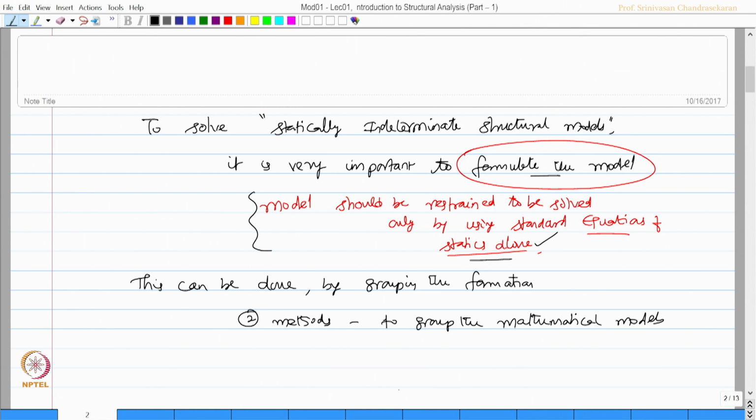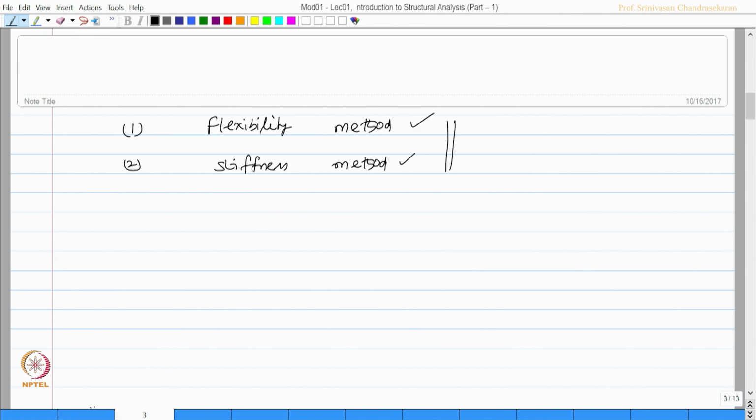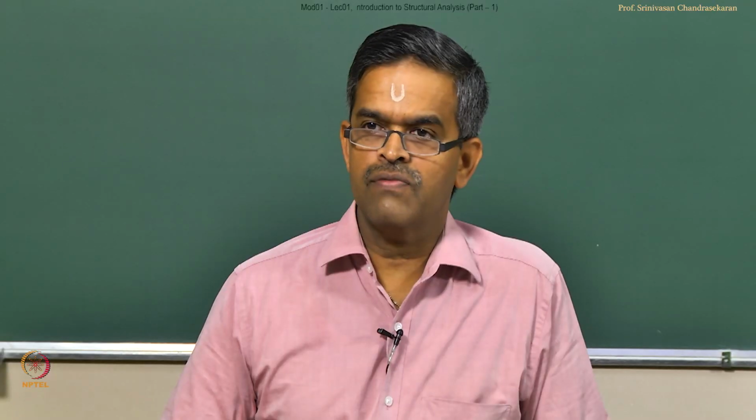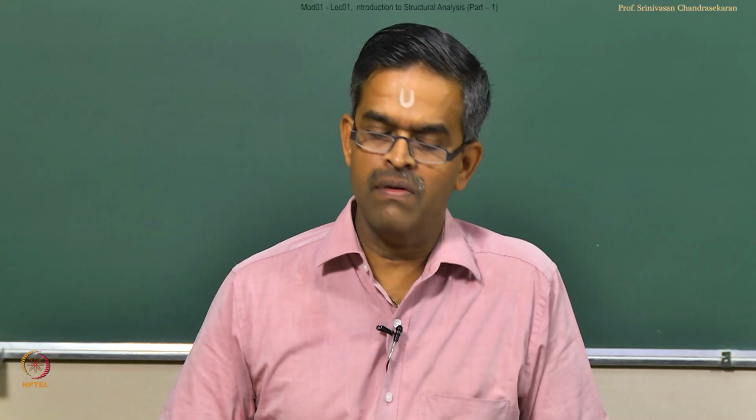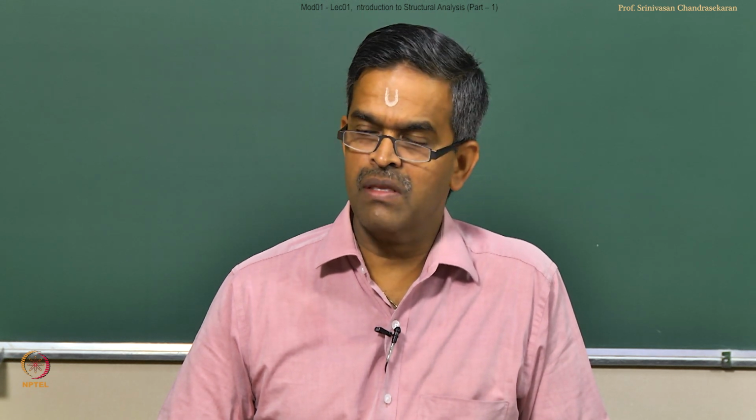I cannot apply any extra equations of a special form to solve the problem. With that prerequisite, we say that the literature groups the methods of solution and formulation of the problem itself into two major divisions. One is namely the flexibility method, other is the stiffness method.